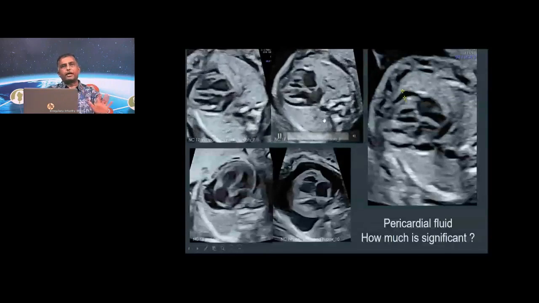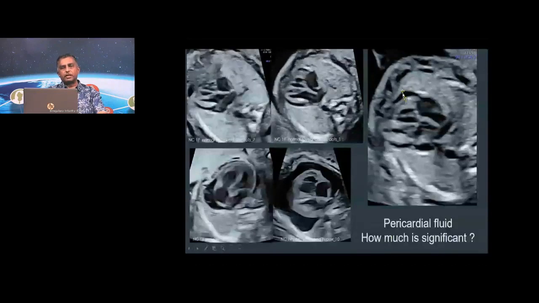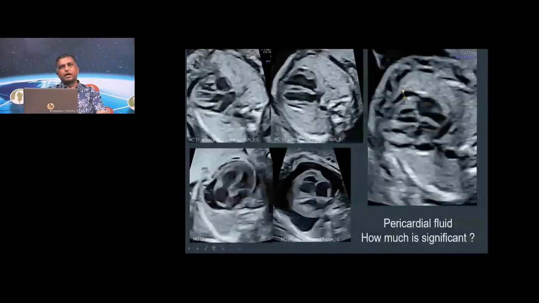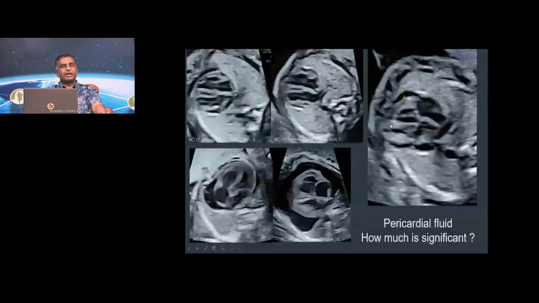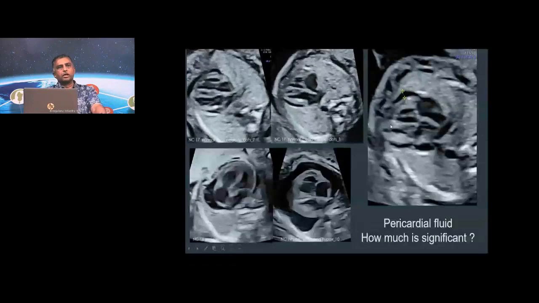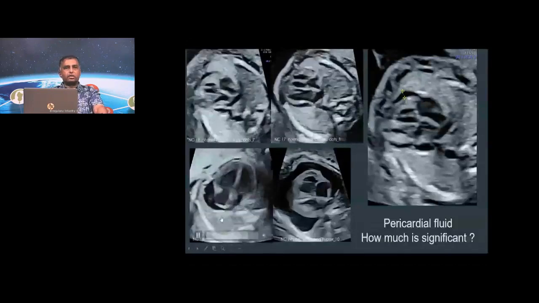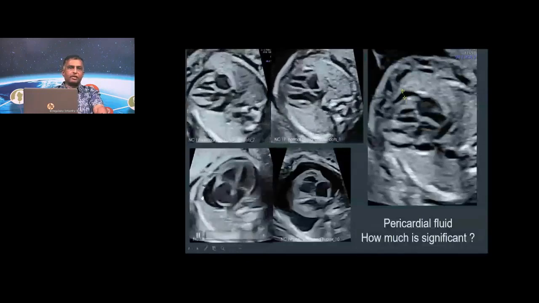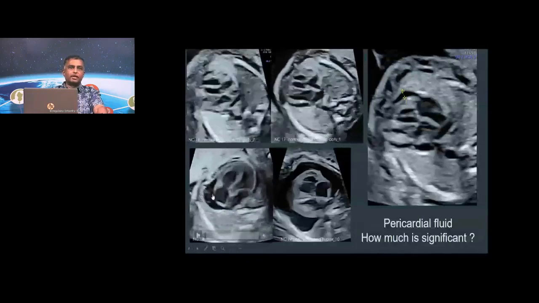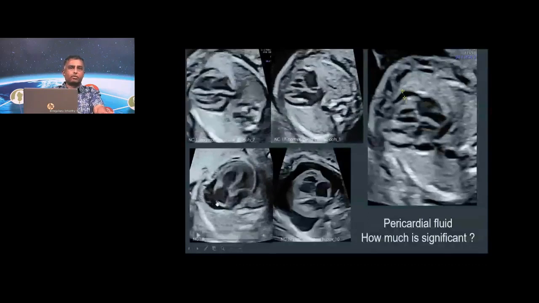Not to call it pericardial effusion, the cutoff is 2 millimeters. If you measure the thickness of the fluid, an inner to inner measurement, and it's less than 2 millimeters, that is not pericardial effusion. Whereas here, in this particular case, you have some floating echoes in the fluid out there, and also the pericardial effusion definitely is more than 2 millimeters. I would definitely use the word pericardial effusion here, there's no doubt about it.